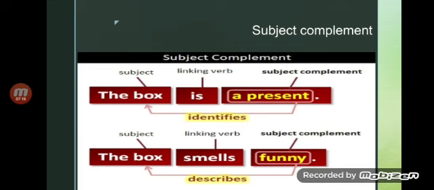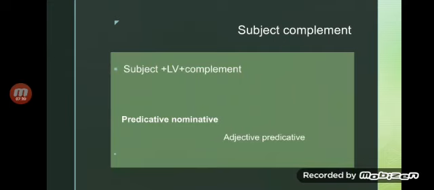So the linking verbs have three forms. Number one, the be form, that is is, are, am, was, were, been, being. Number two, the sense verbs that are related with our senses, that is to feel, to look, to smell, to taste, to sound, right?